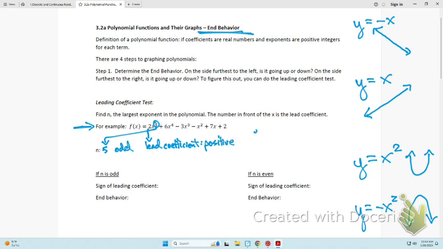That tells me the end behavior on the left is going down, and on the right is going up. That function is actually very similar to this function right here.